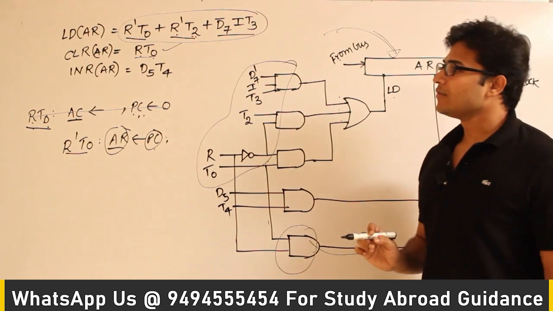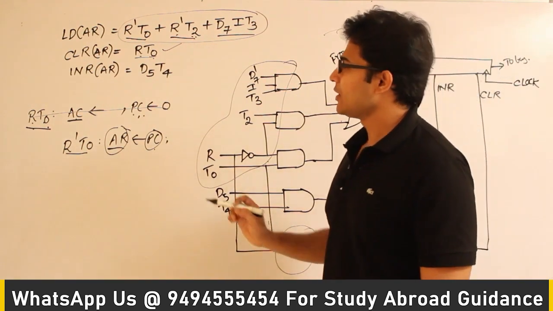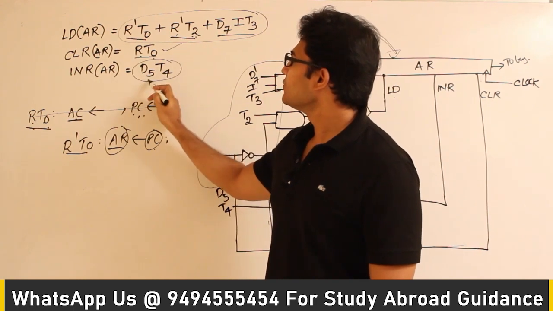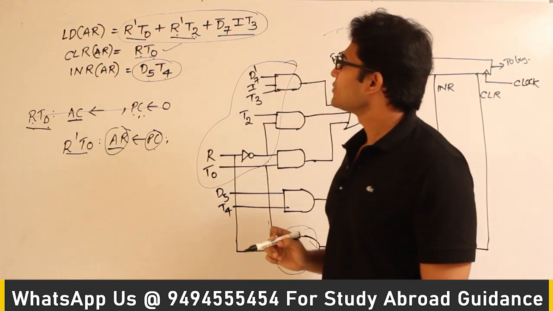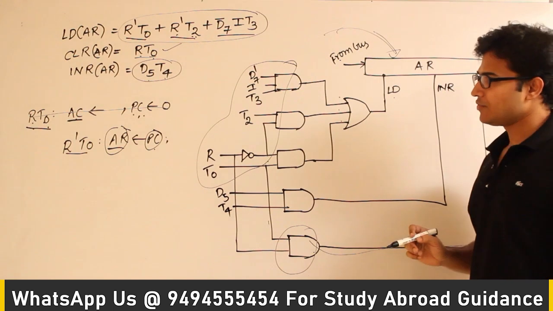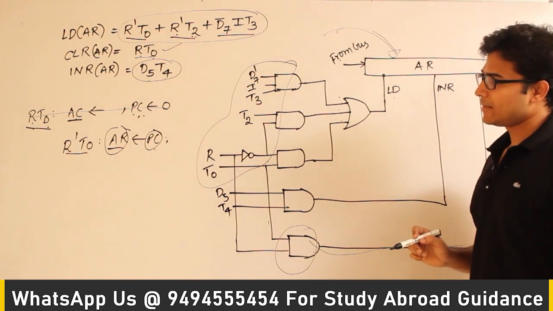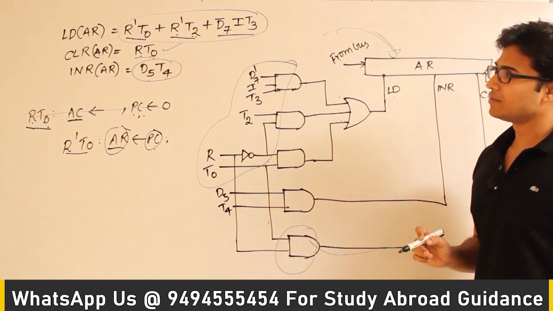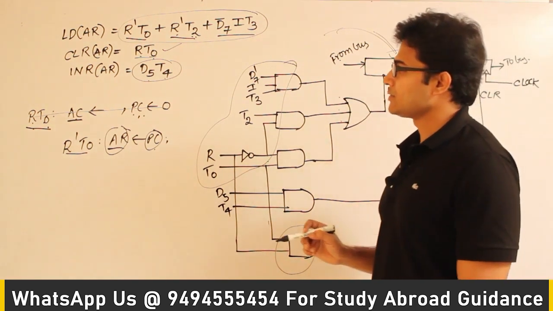And similarly, we tried to increment our address register. So when did we try to increment our address register? D5 T4. I don't remember what the instruction D5 was. Let me recollect it. I think it is the skip instruction, I guess.